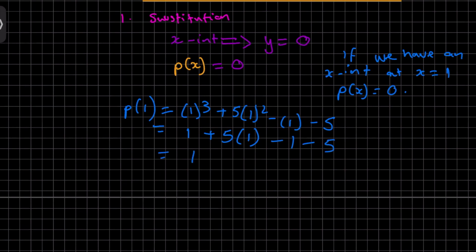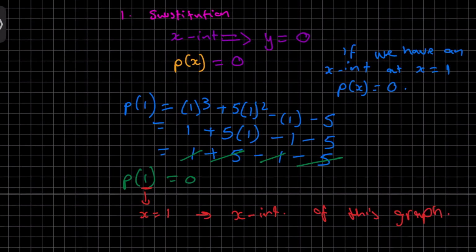So this would equal 1 plus 5 minus 1 minus 5. Look at this. These two cancel out, so 1 minus 1 equals 0, and 5 minus 5 also equals 0. So we know that p of 1 equals 0. This confirms through substitution that x equals 1 will be an x-intercept of this graph.